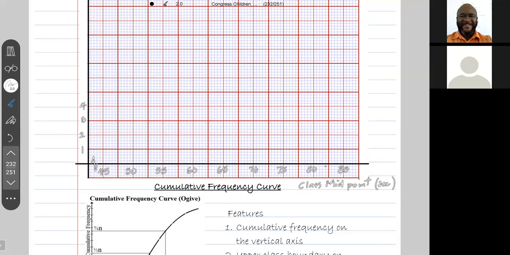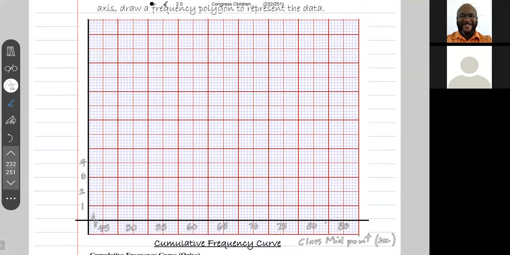Every centimeter, the number goes up by 1. 5, 6, 7, 8, 9, 10, 11, 12, 13. I think I need for it to reach as high as 13. Over here, it's frequency, and frequency is actually the number of students.